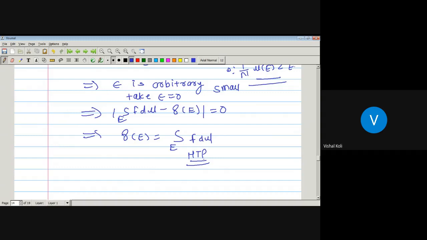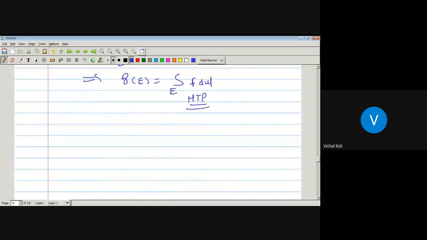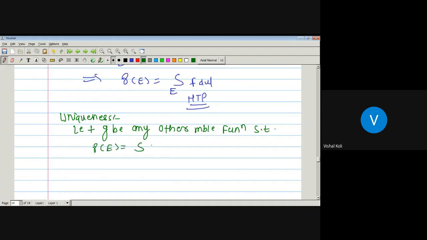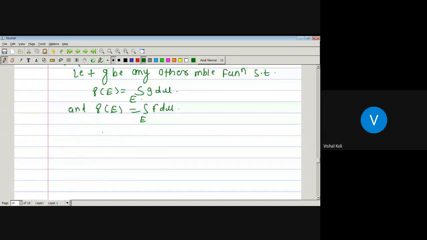Now first we will prove its uniqueness. Let g be any other measurable function such that gamma of E is equal to the integration over set E of g d mu. But we already have gamma of E equal to the integration over set E of f d mu. As the left hand sides are equal, the right hand sides must be equal.